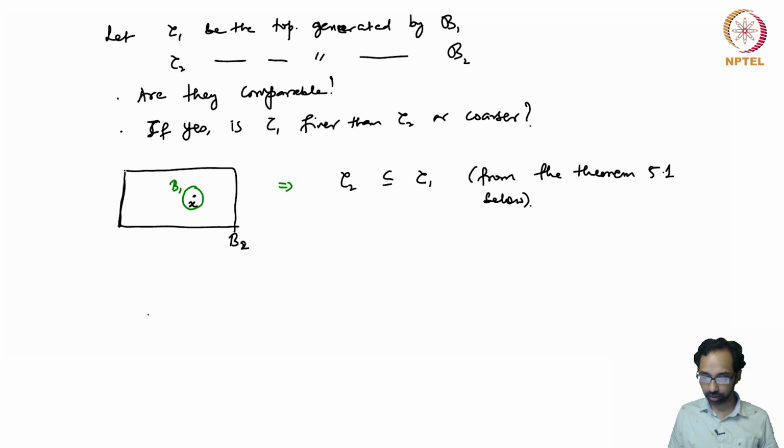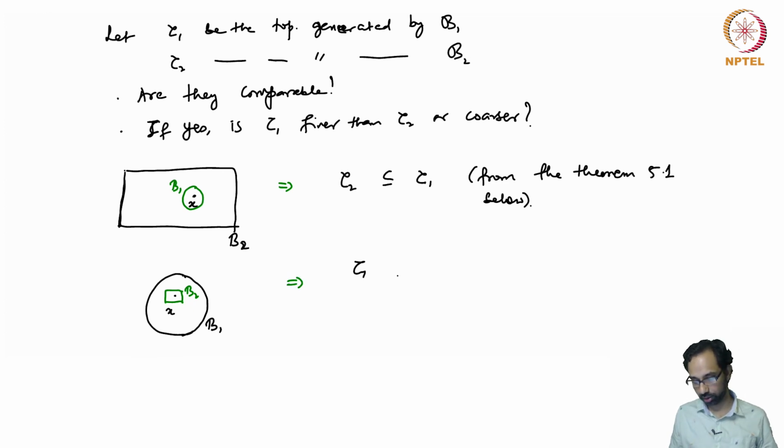And similarly, you can also reverse this process and take a circular region, say B1, and take a point x here. Again, it's quite easy to see that we can cover it inside a rectangular region. This is B2. So we have reversed the roles of B1 and B2, and this implies that tau1 is coarser than tau2.